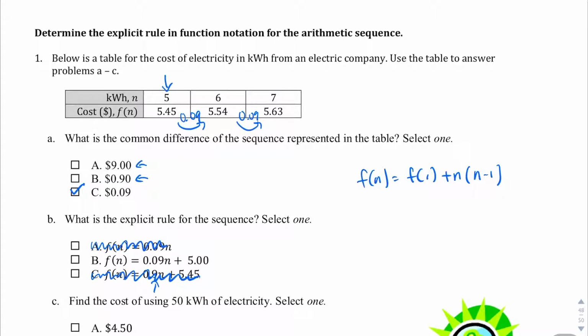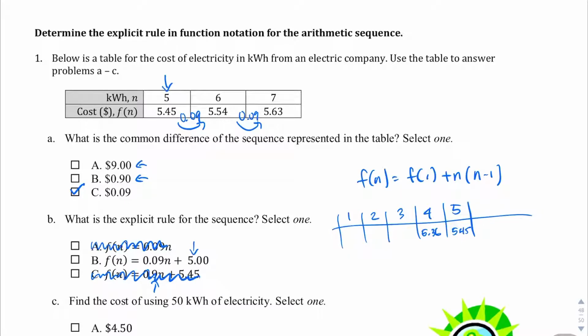But let's take a look at choice B. We're told that the first term apparently is going to be 5. Let's work backwards to see if that's the case. Let me make a table real quick: 4, 3, 2, 1. The fifth term was 5.45. If we subtract 9 cents from that, we're at 5.36.